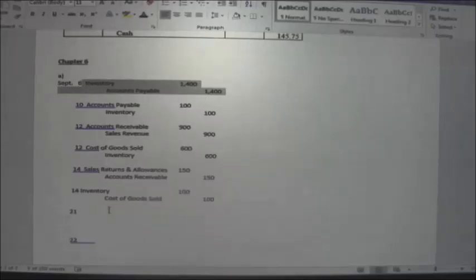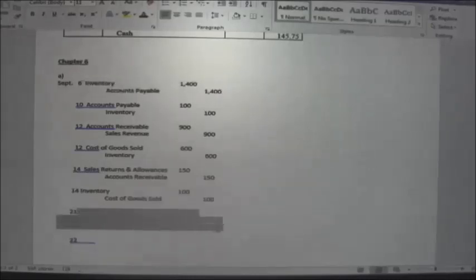Okay? Now, the idea is, and the reason why we make this journal entry is that you record inventory at its cost. So when you purchased it, the seller was going to collect the full $1,400 if you did not pay within the discount period, right? So that's what you recorded it as.